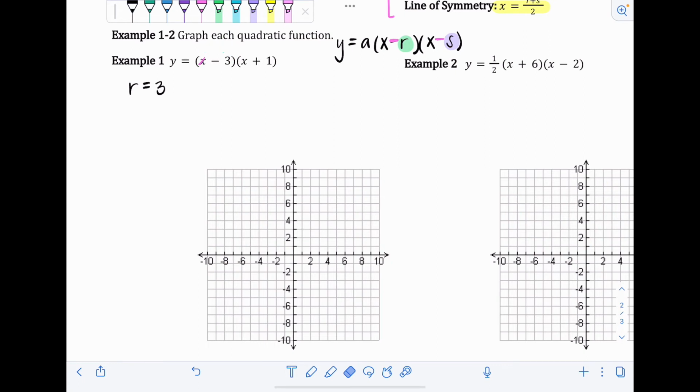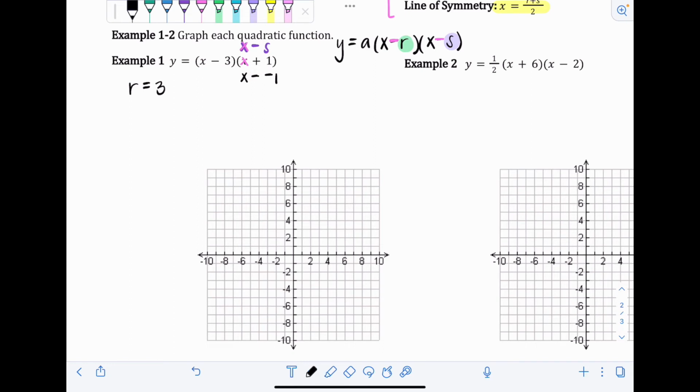And then for the second part, x minus s, you're like, okay, the x matches, but where is the minus? Why isn't there a minus there? It's because if I rework this x plus 1 with a minus, the s value that turns that minus into a plus is -1, because a double negative turns to plus.